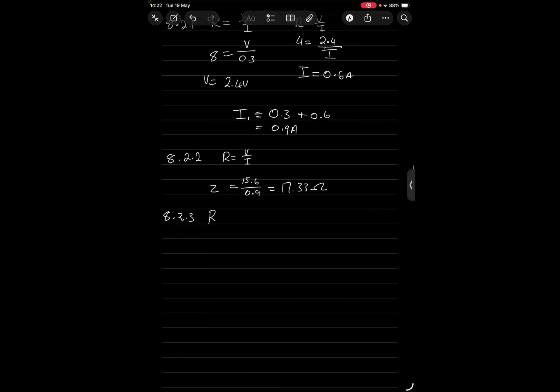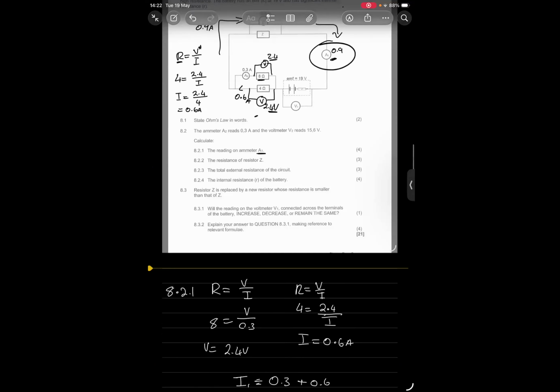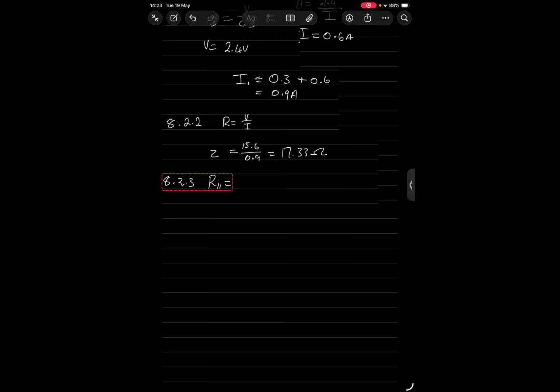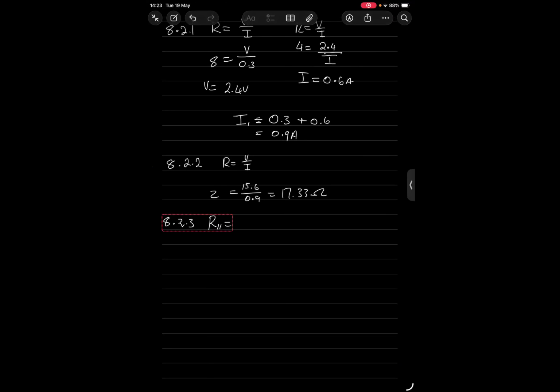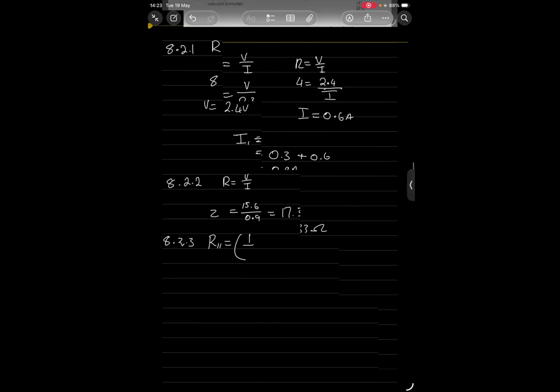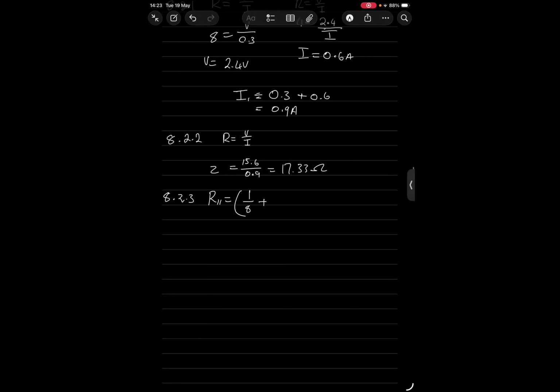You start by calculating the parallel side. And what's going to be the parallel side? It's going to be 1 over 8 plus 1 over 4. How much is it?